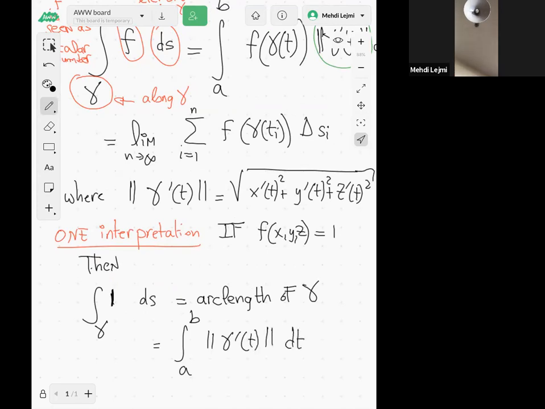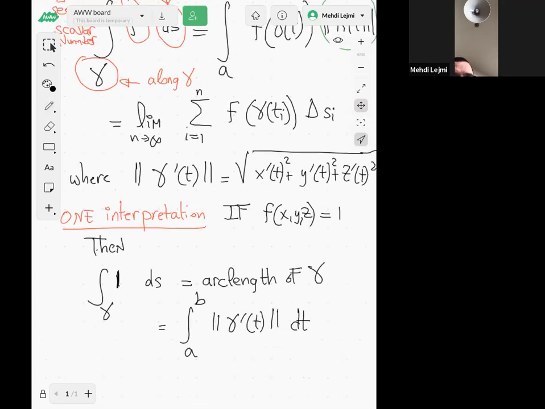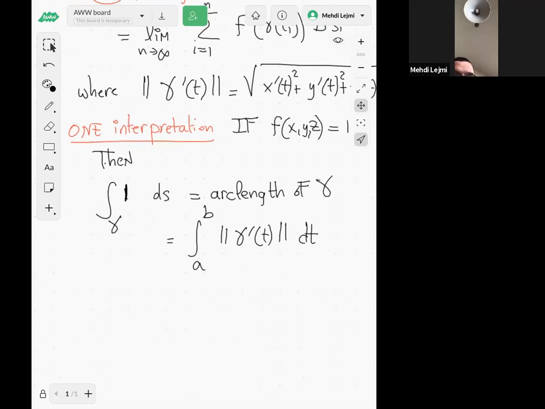So if you integrate the constant function 1 along gamma, what you get is the length of your curve gamma.